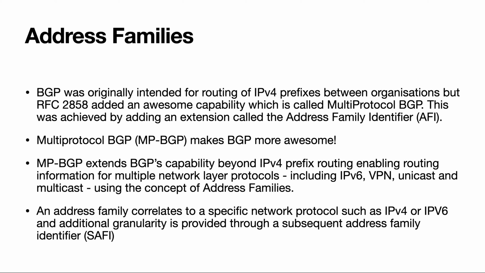We had something called the address family identifier, the AFI, created in that. Multiprotocol BGP enhanced BGP's abilities because it supported IPv6, VPN, unicast, and multicast. So multiple network layer protocols were supported using the concept of address families.